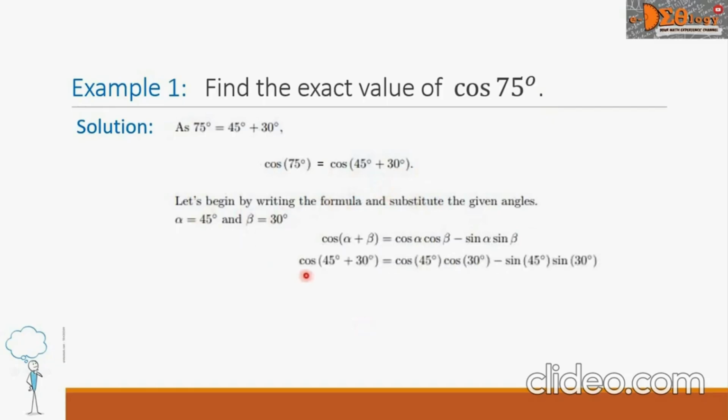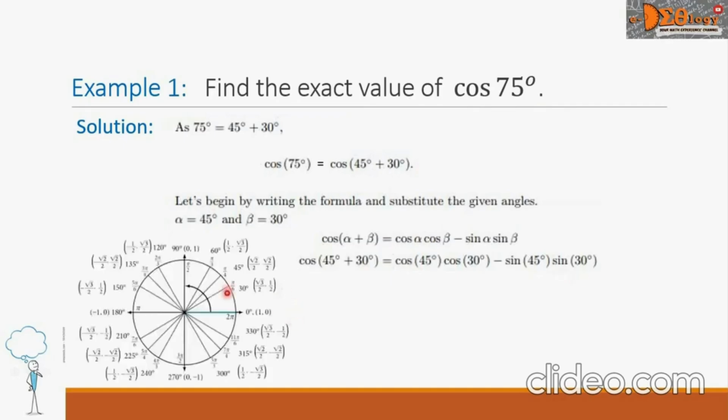So we write the cosine of 45 degrees plus 30 degrees equals cosine 45 degrees times cosine 30 degrees minus sine 45 degrees times sine 30 degrees. From the unit circle, we will get the corresponding values for cosine 45, cosine 30, sine 45, and sine 30 degrees.